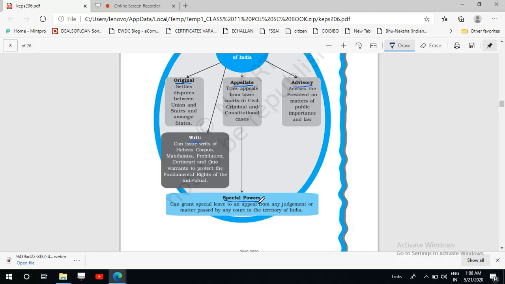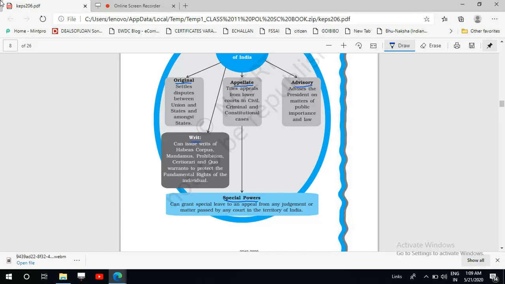Okay, it's not the right of the aggrieved party to claim special leave to appeal. It is the privilege which is given to the Supreme Court to grant leave to appeal or not. So it is totally the discretion of the Supreme Court whether it will grant leave to appeal or not.